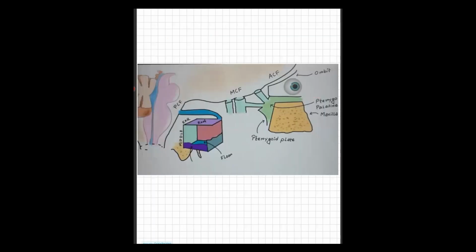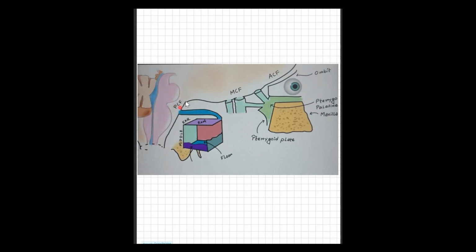So this is a basic diagram. I'm briefing you about this diagram first because for both the branchiomotor fibers and the parasympathetic fibers, you will need this diagram to be drawn. This is the brainstem diagram, as we all know. This is the anterior cranial fossa, middle cranial fossa, and posterior cranial fossa.